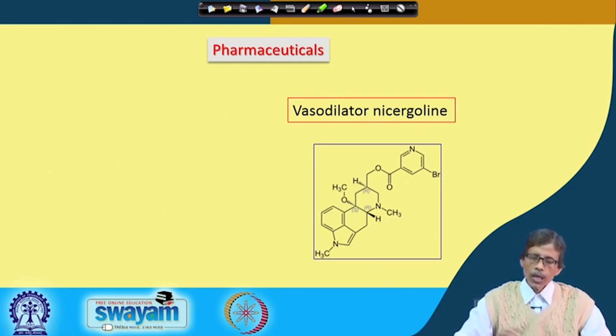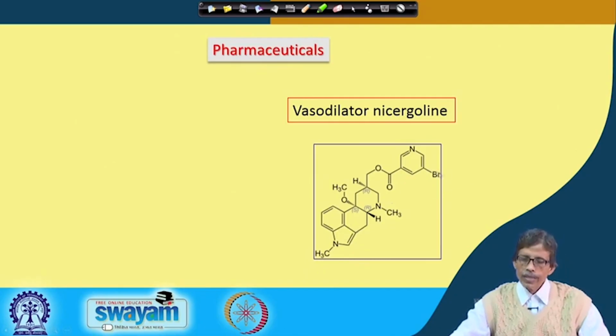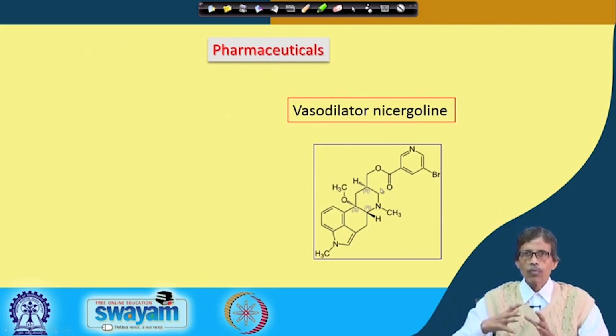So, the whole molecule you can consider as R, and this C-H bond as R-H, like that of your methane or anything else. It can be brominated to give you the corresponding R-Br pharmaceutical molecule, with insertion of the bromine at a specific position.